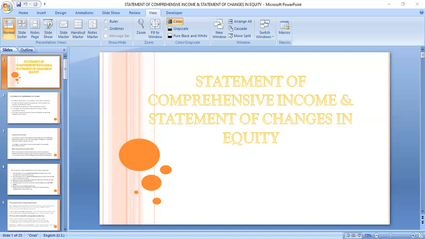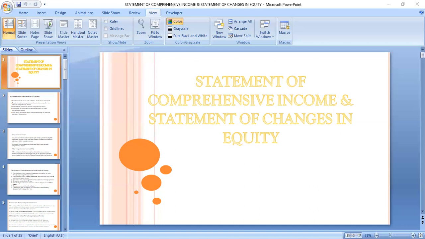And also the circumstances that would give rise to the separate disclosure of items of income and expenses. Now we have the following items of income and expenses requiring disclosure: write down of inventory to net realizable value and reversal of such write down.